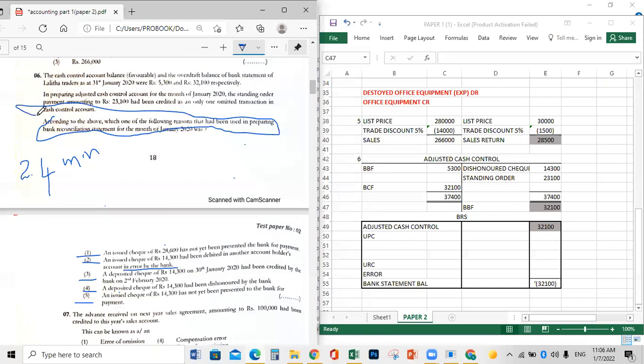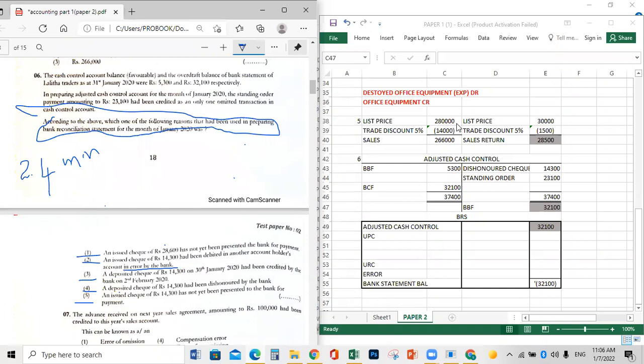Guys, see, they are saying, according to the above, which one of the following are the reasons that had been used in preparing bank reconciliation? Now this dishonored check is bank reconciliation or adjusted cash control?